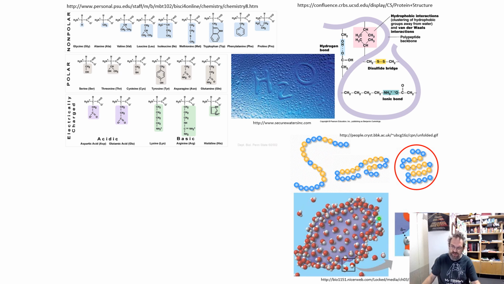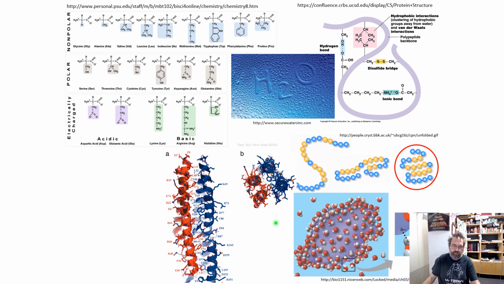You can see that this protein molecule is surrounded by water molecules. It'll also be surrounded by salt molecules and things like that that interact with the protein itself. These can then form up into secondary structures where the hydrophobic amino acids all associate together, and the hydrophilic ones are on the outside.